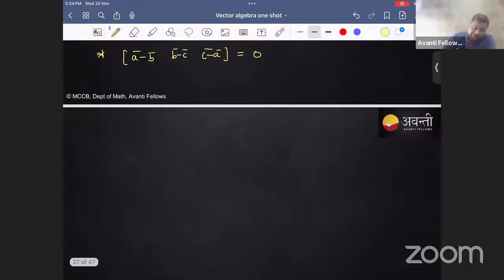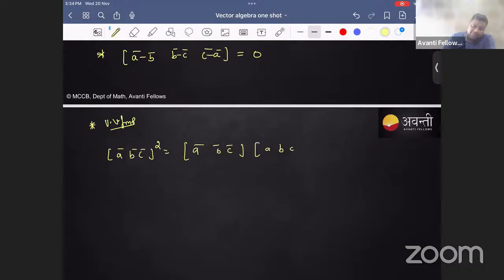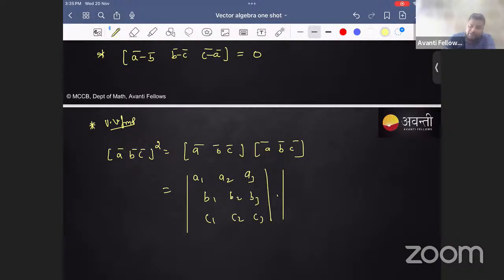Got it? Now, a very, very important property: box ABC square. This is box ABC multiplied by box ABC. What is box ABC? It is the determinant A1, A2, A3, B1, B2, B3, C1, C2, C3, multiplied by another box ABC.